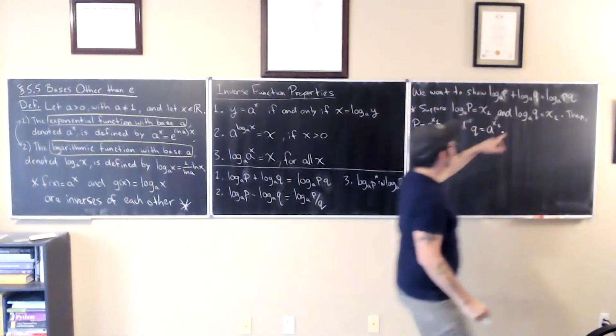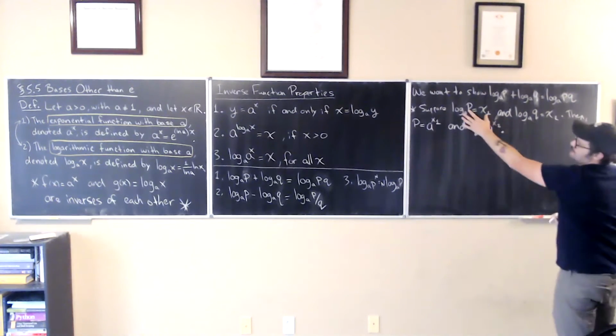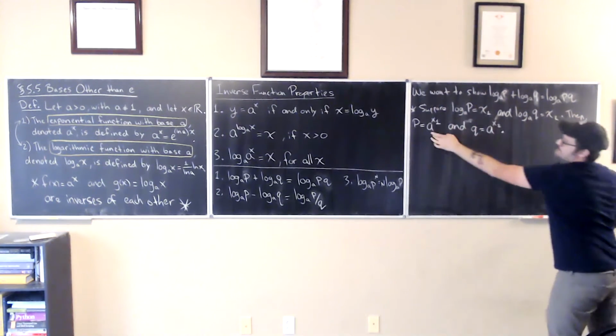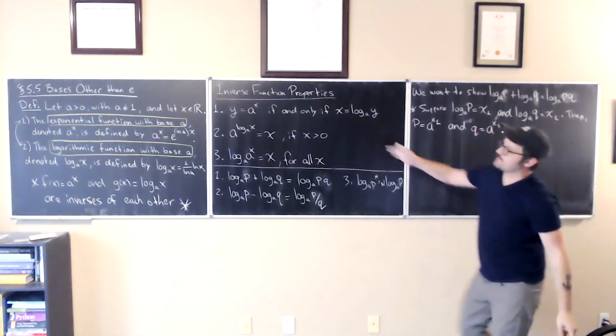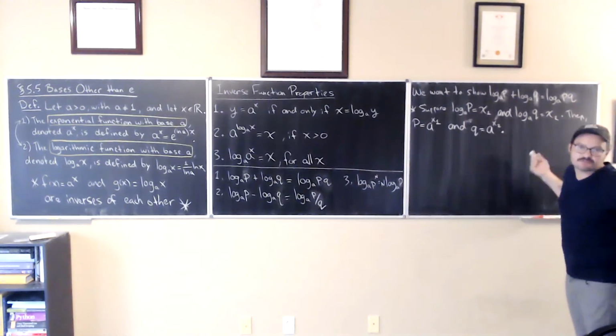Eventually I want to get to P times Q. If I have this and that, I can convert them to these two equalities by just using the definition. Then I can multiply P and Q and see what happens.